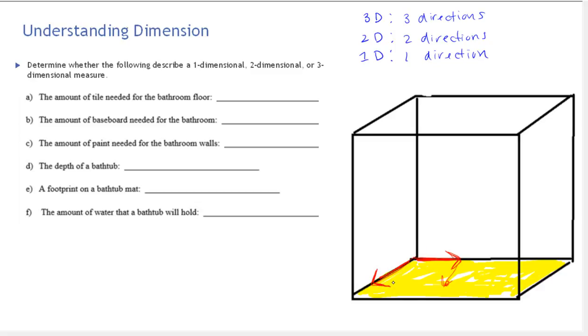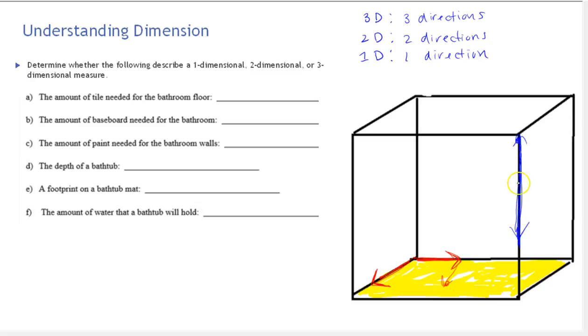And then lastly, a one-dimensional attribute. I'll use this edge. If the ant can only walk along this edge, okay, then he can just walk up or down. Okay, there would be no right or left. Okay, there would be no walking into the inside of the box. And this one direction is a one-dimensional measure.